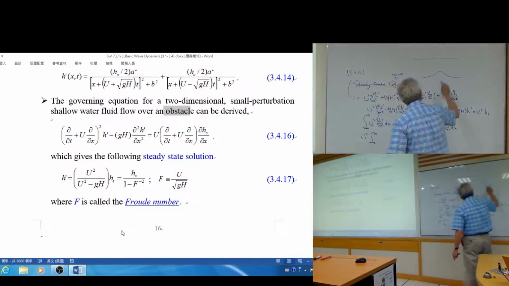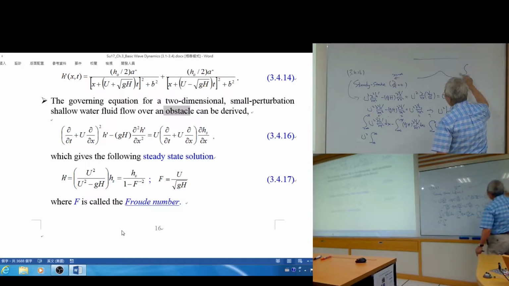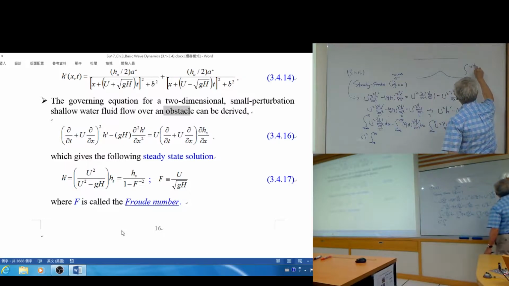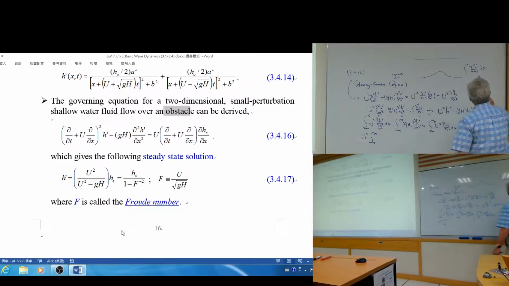Then the integral of, I'm talking about this term, partial square h prime, dx square, dx, equals d/dx of dh prime/dx, dx.